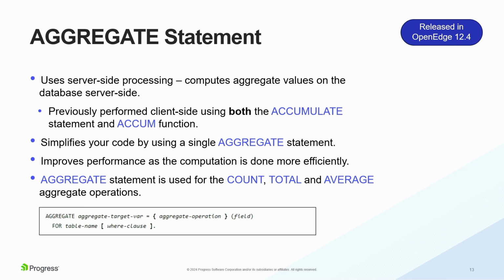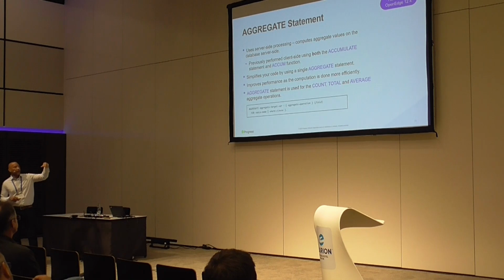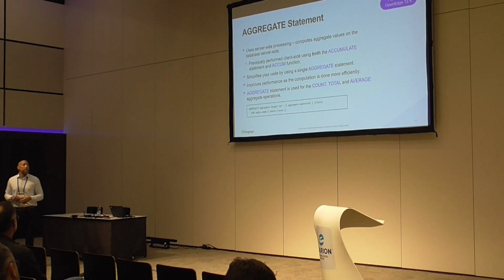And there's some quick syntax for the aggregate operation, using the aggregate keyword, followed by the aggregate target variable. The aggregate operation itself, either count, total, or average, on the field that it's aggregating on, on a table that it's aggregating on, and then the optional where clause as well.